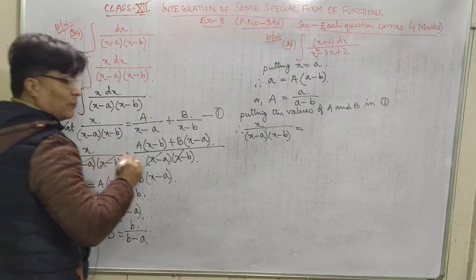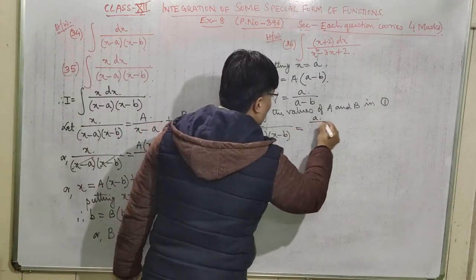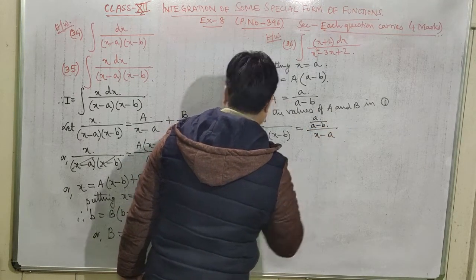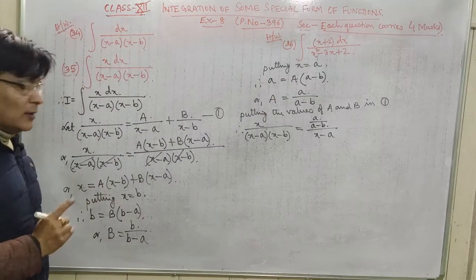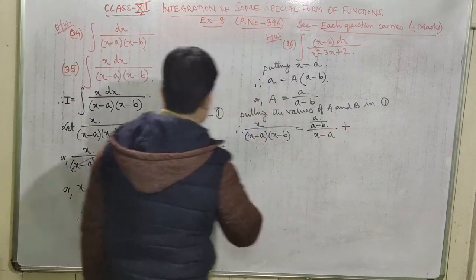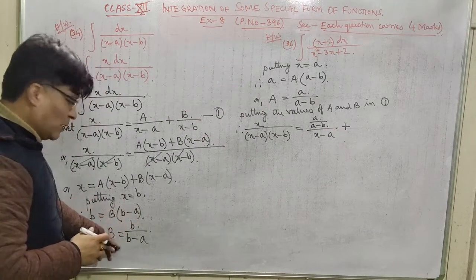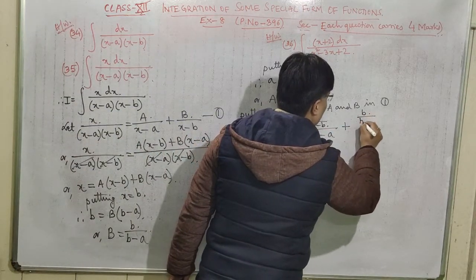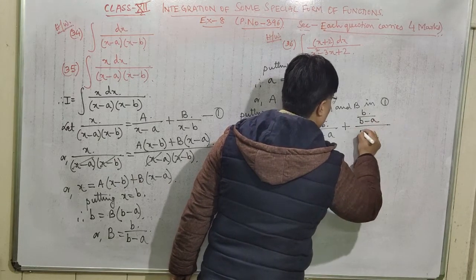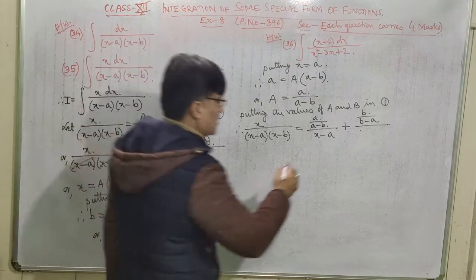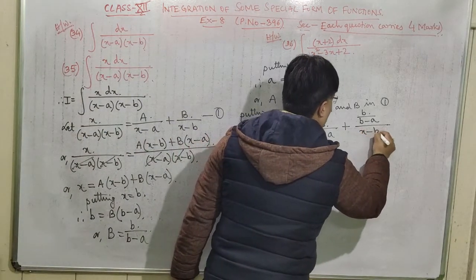Capital A here is a upon a minus b divided by x minus a. Then after that the plus sign is there. And what is capital B? It is b upon b minus a, divided by x minus b.